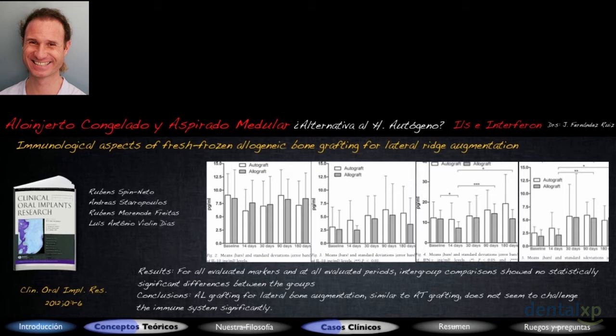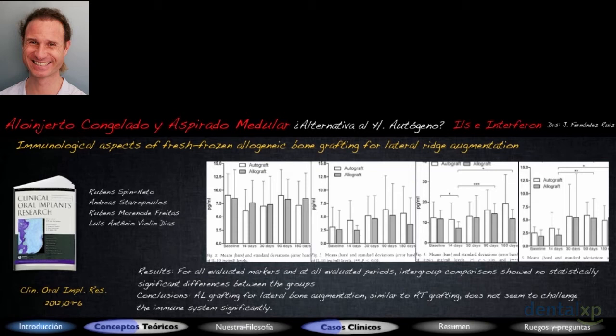Now, talking about biocompatibility, I think the article by Ruben Spinetto in 2012 is outstanding. What he did is some bone grafting, dividing autogenous bone graft and allogenic bone graft in the same patients.